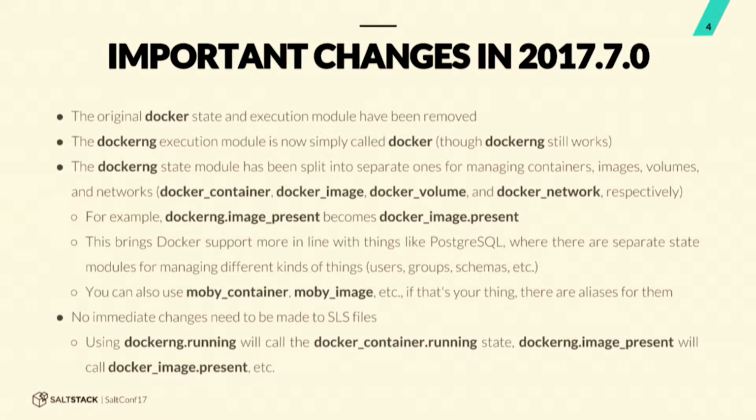So now in 2017.7, the containers, networks, images, volumes, those all have their own state modules. And again, the old usage still works. So you may see a warning, but if you upgrade from 2016.11 to 2017.7, your Docker states will not just start throwing errors because you're using the wrong names. We've taken great precaution to make sure that the old syntax still works.